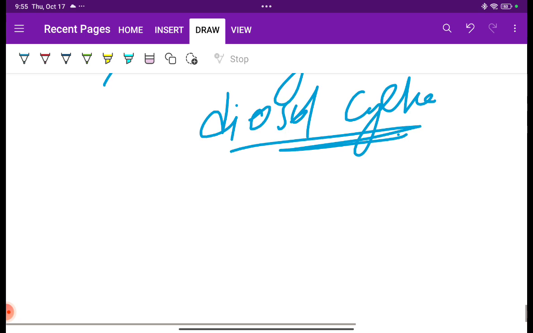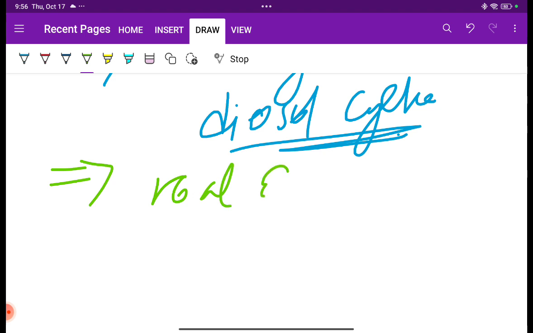So this further helps to make the real engine model.